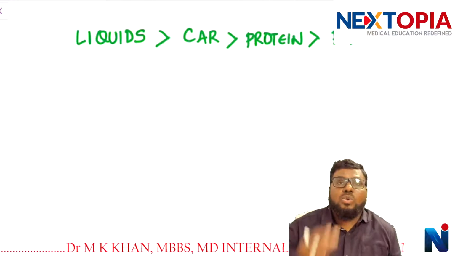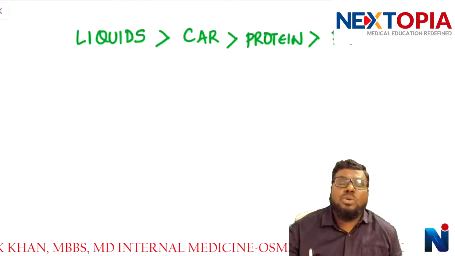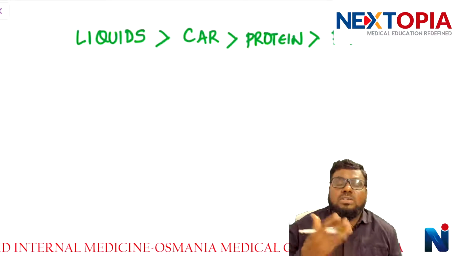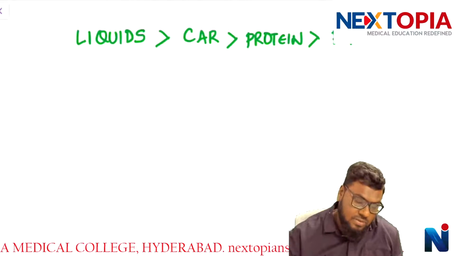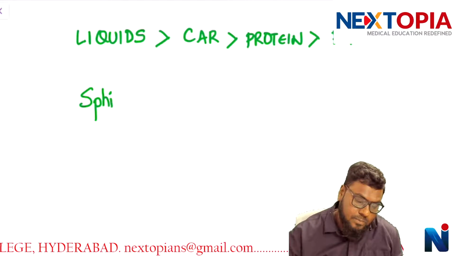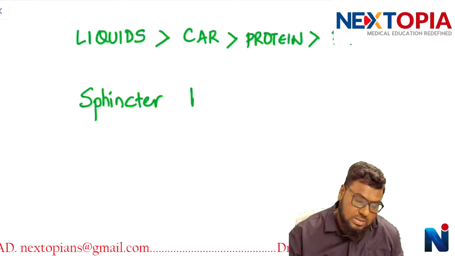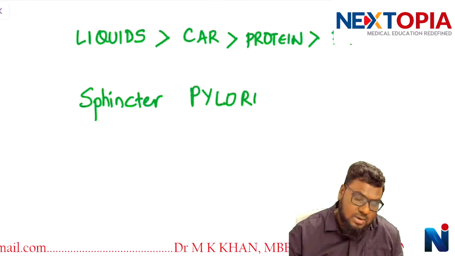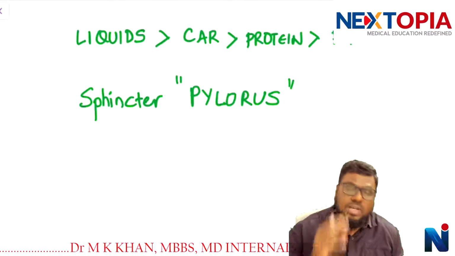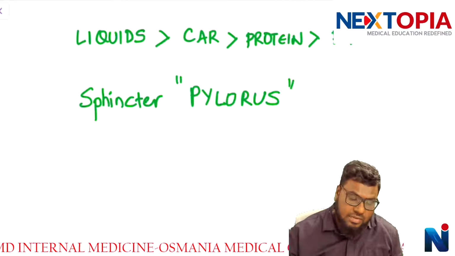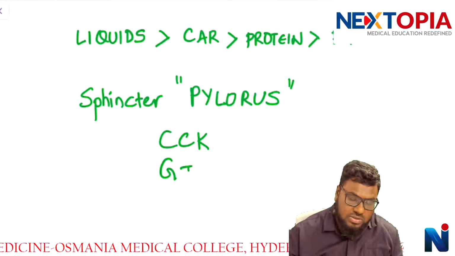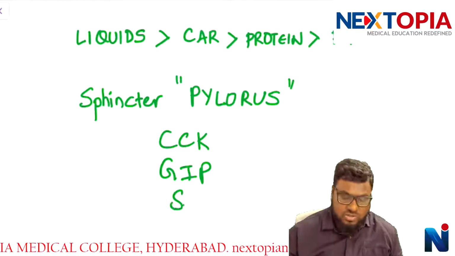Though you eat a lot, maybe 3 or 4 or 5 burgers or pizzas, these are not reaching the duodenum thanks to the sphincter of the stomach called the pylorus. This pylorus causes rhythmic contraction and relaxation, and it is under the influence of CCK, GIP, and secretin.